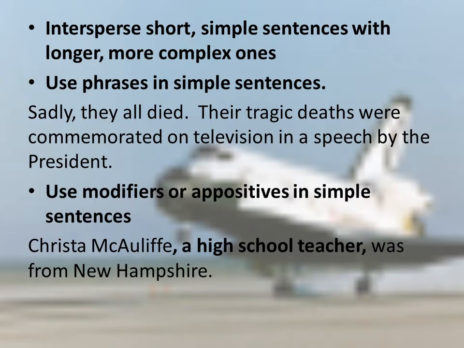Here we have the main subject, Krista McCullough, which is actually the only subject. So this is a simple sentence with a single verb, was. The phrase a high school teacher is an appositive that describes who Krista McCullough was. And notice that teacher is a noun. So it is a noun phrase describing another noun, Krista McCullough, in this sentence.